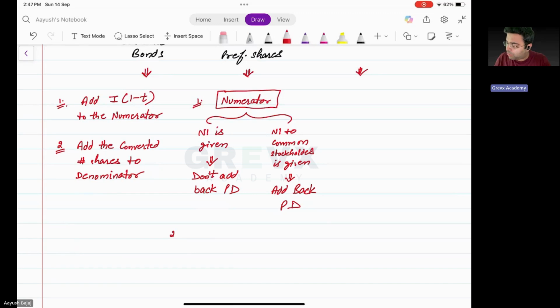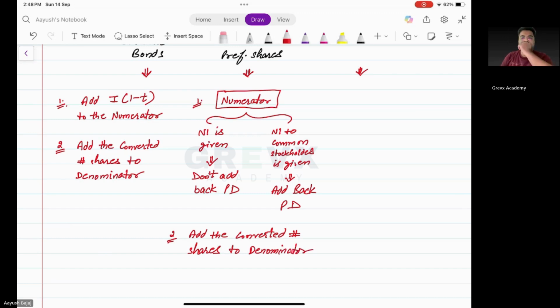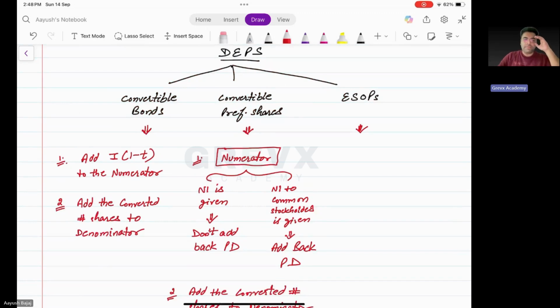And the second adjustment that you will make, add the converted number of shares to the denominator. Clear. Okay.